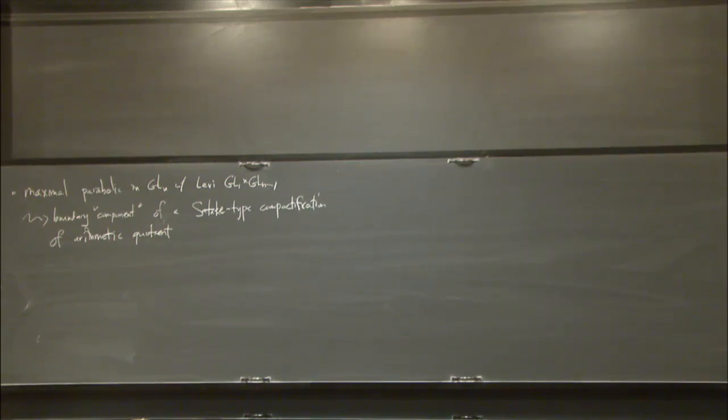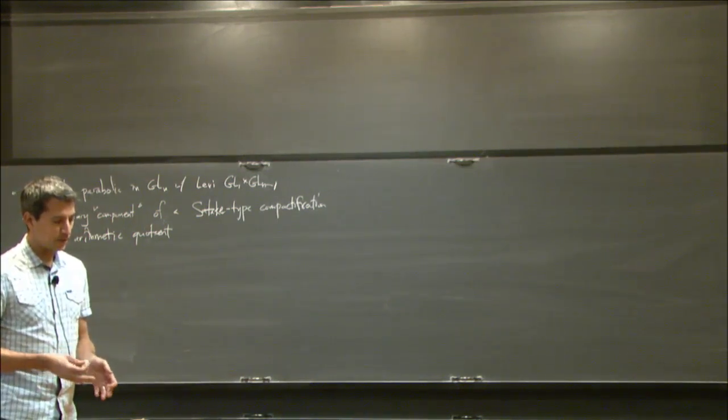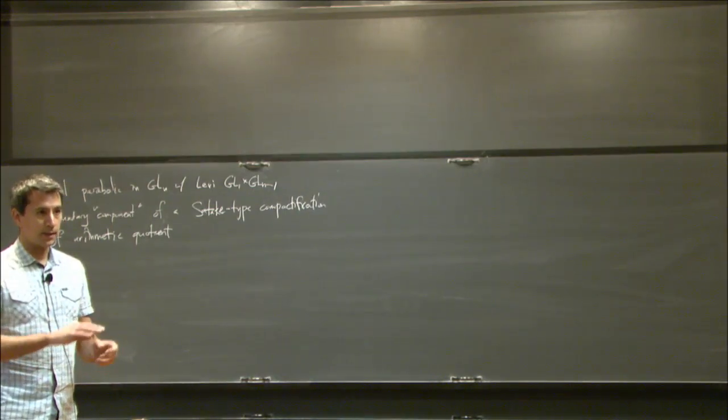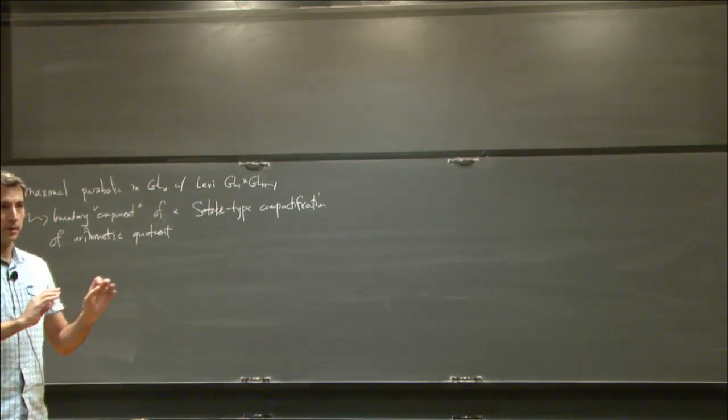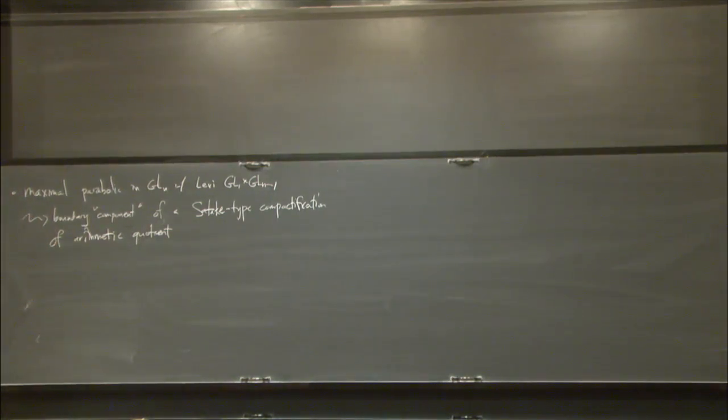I'll say more about this later. But the idea is if you have a flag, then you can take the graded quotients, and for each one of those, you take the set of all norms on the graded quotients, and the tuples of those give you some point in a boundary.